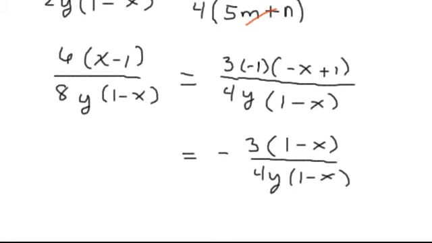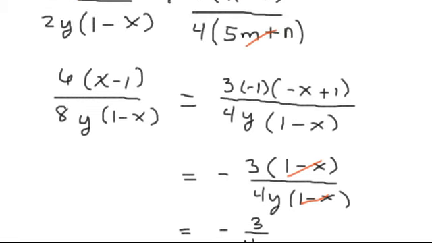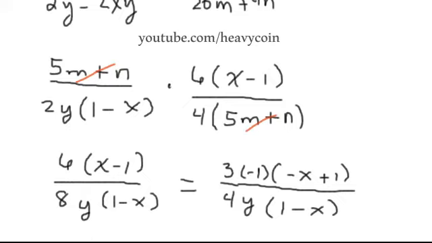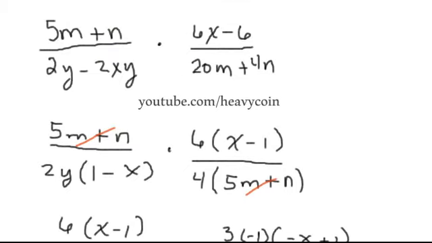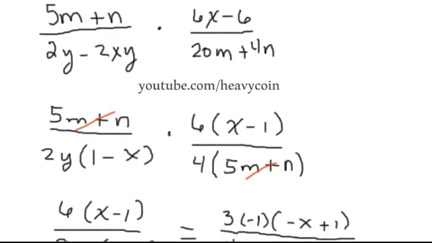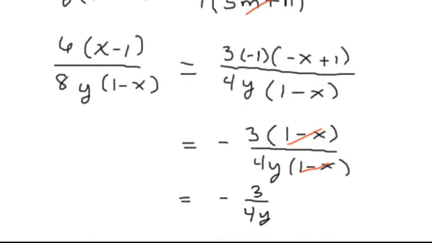So as you can see now that the 1 minus x's will cancel out, and we are finally going to be left with a negative 3 over 4y. So hopefully I didn't make any mistakes on that. Alright, so all that is equal to, what did I say it was equal to? Alright, negative 3 over 4y.